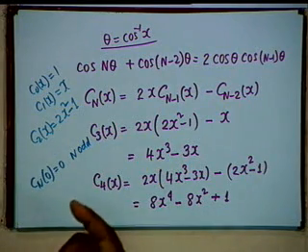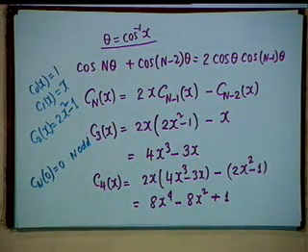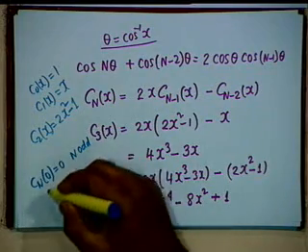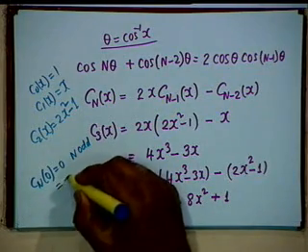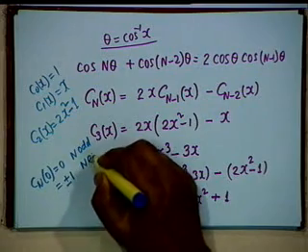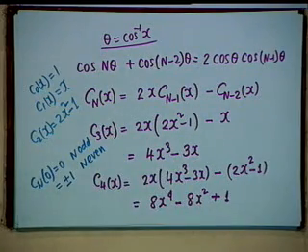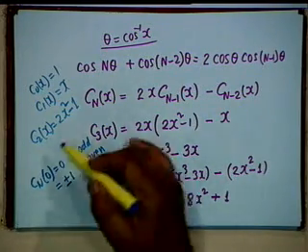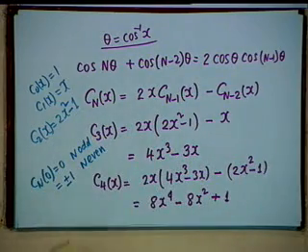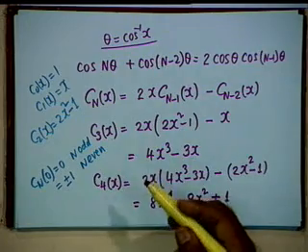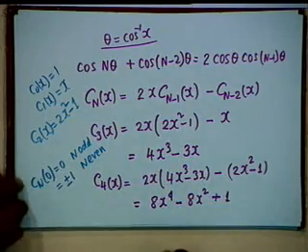Because Cn of x is an odd polynomial for capital N odd, and this is equal to plus or minus 1 if n is even. Isn't that right? C2 of 0 is minus 1, but C4 of 0 is plus 1. Okay, so it is either minus 1 or plus 1.